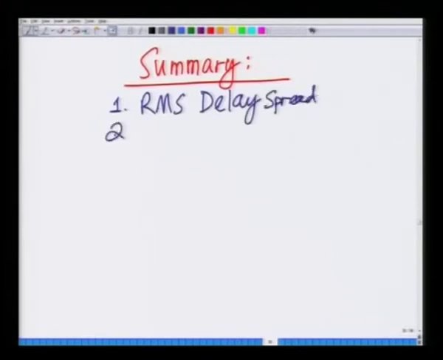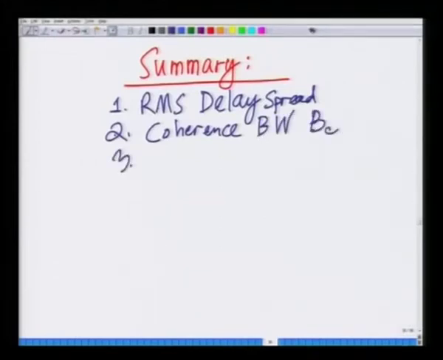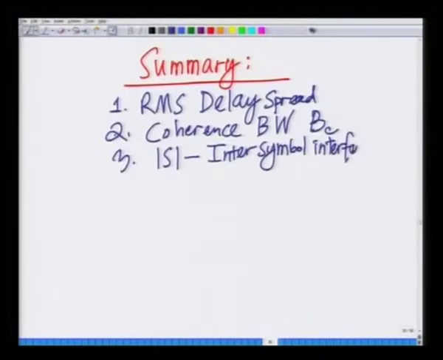We said this is the interval over which the signal power is arriving. We have covered the concept of coherence bandwidth, which is Bc. We have covered ISI, which is inter-symbol interference.